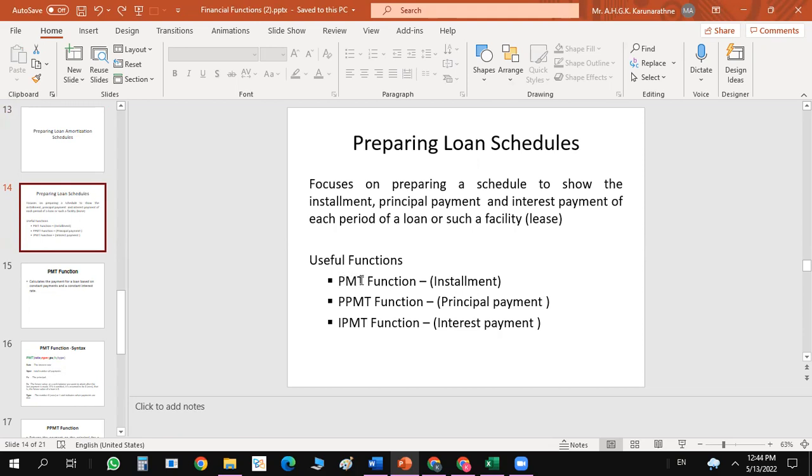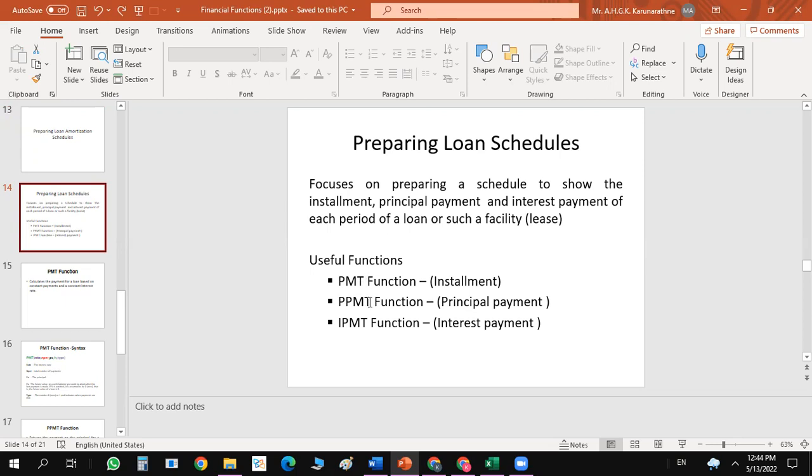First one, the PMT function. The PMT function lets you compute your loan installment, annual or monthly loan installment.